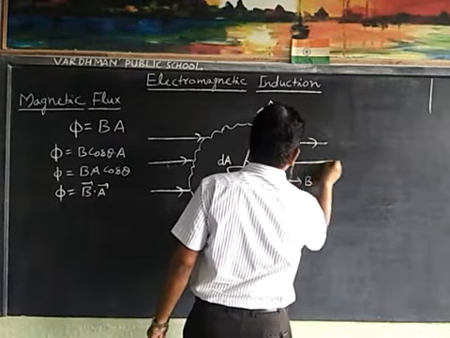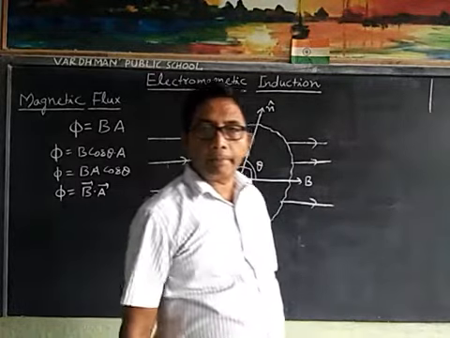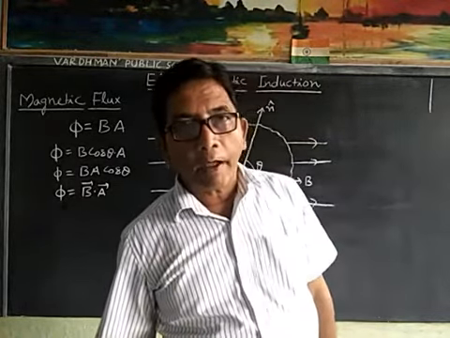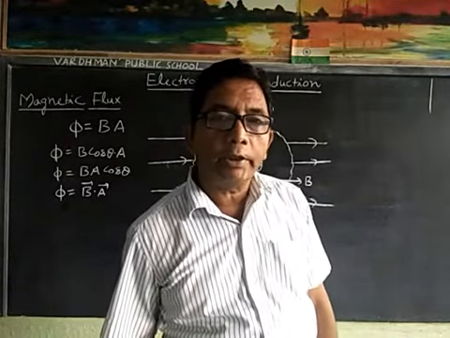In general, field B over an area element is not uniform. However, for a small area element, field B is assumed to be uniform.